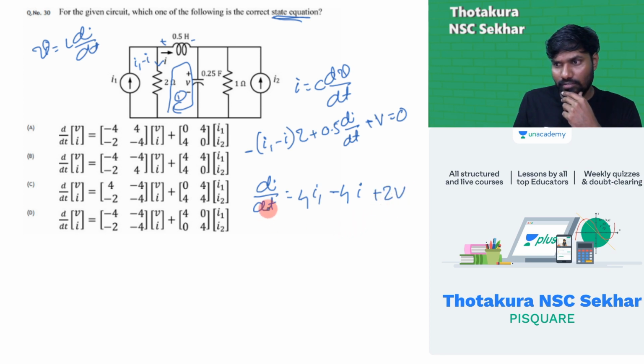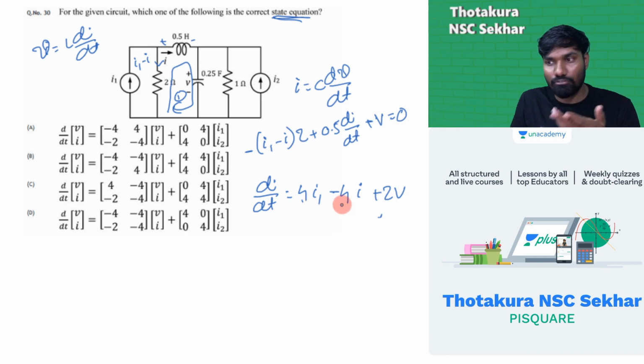Am I right? 0.5. Okay, sorry, if you multiply with, what am I doing? Am I doing something wrong? Yeah, that's right. Divide, here it is division. Once you go to division, then 4, 4, 2v. That's fine. So what is matching? Any match?